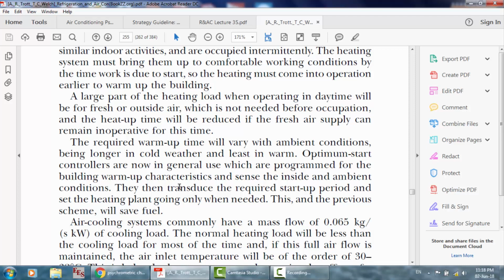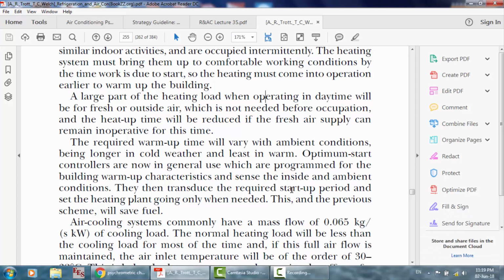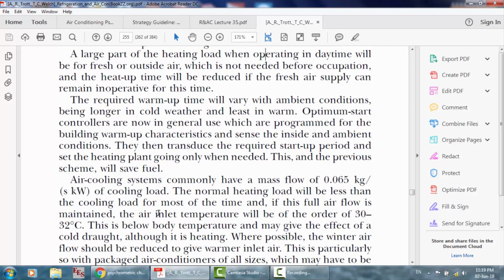Optimum start controllers are now in general use, which are programmed for the building warm-up characteristics and sense the inside and ambient conditions. So they then determine the required startup period and set the heating plant going only when needed. This and the previous scheme will save fuel.